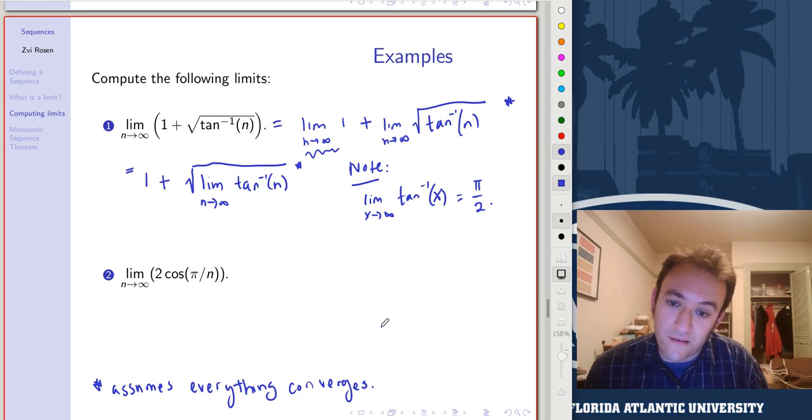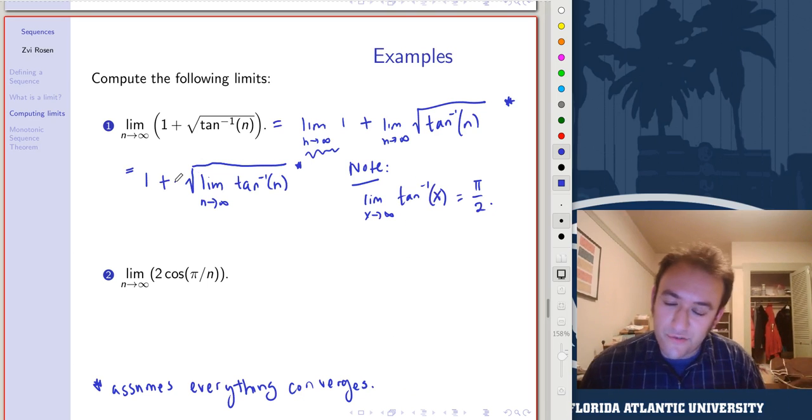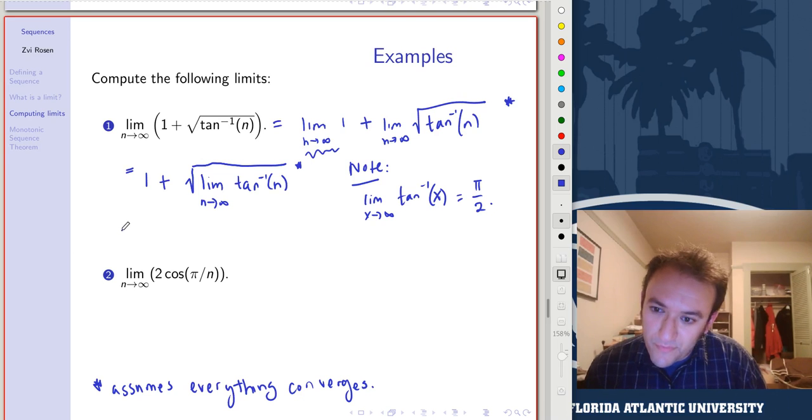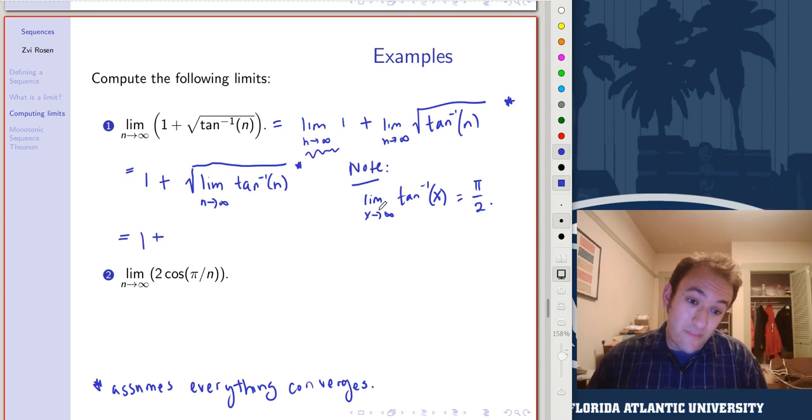Okay, and that's something that you can refer to when we started learning about trigonometric functions. But using that fact, you can infer the same thing for the sequence, which is just the integer values of this function.